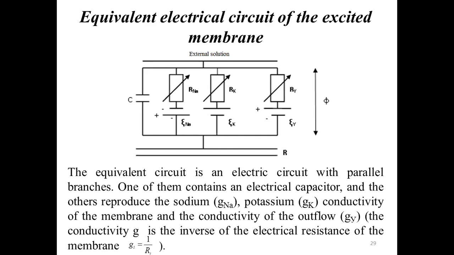When we speak about the excited membrane, we can propose an equivalent electrical circuit of excited states like we have in the picture. Here we have an electric circuit with parallel branches, and one branch contains an electrical capacitor and others reproduce the sodium and potassium conductivity of the membrane and the conductivity of outflow.